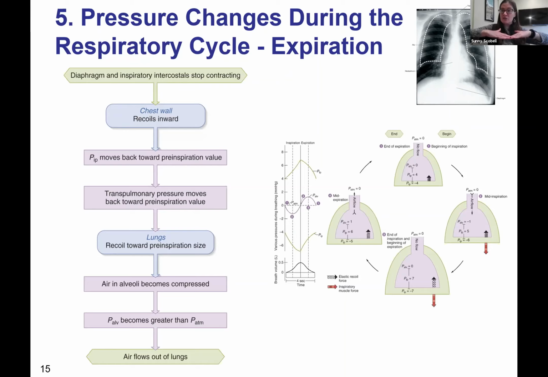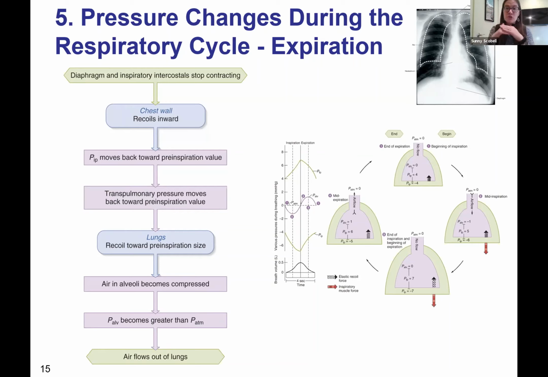Now relax, just a normal breath out. The diaphragm is going to relax back to its dome-shaped relaxed position. The elastic proteins in the tissues that were stretched like springs are going to go back to their resting state, and they're going to pull everything back to that resting state.